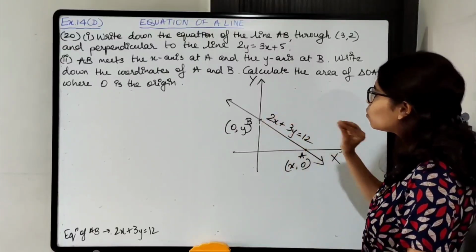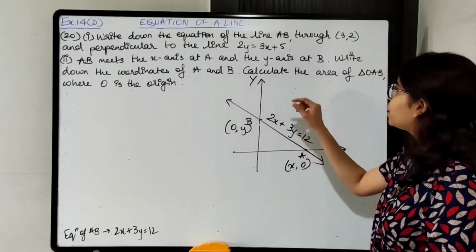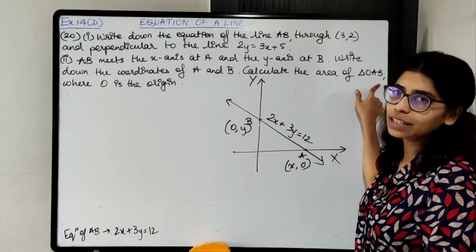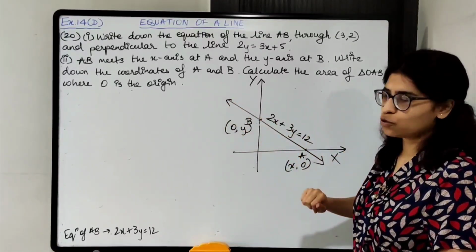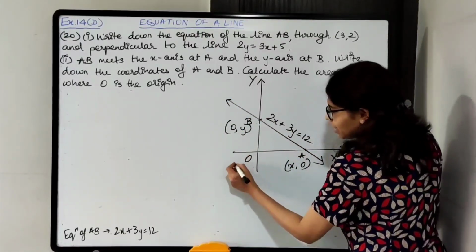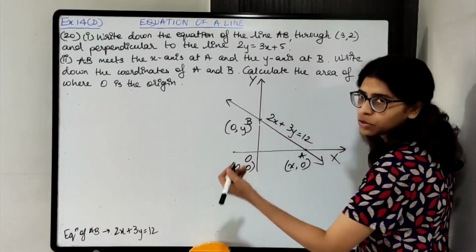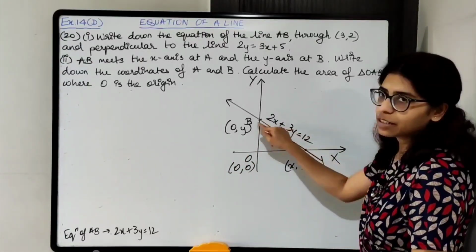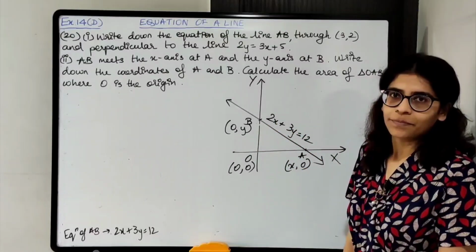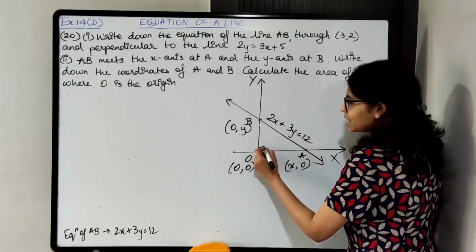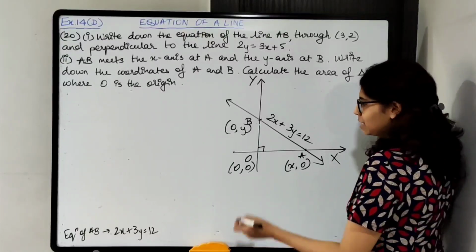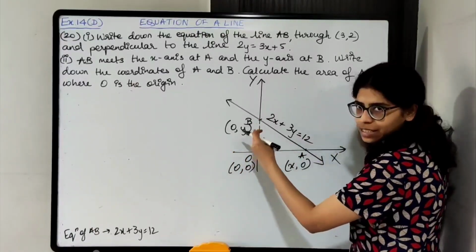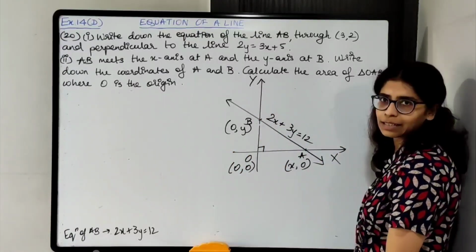Now once I get the coordinates of A and B, I have to find one more thing. Calculate the area of triangle OAB where O is the origin. So O is the origin, that is उसका coordinates 0 0 होगा. ये triangle का area क्या होगा ये find out करना है. Now this is a right angle triangle because of course x and y axis intersect at right angle.